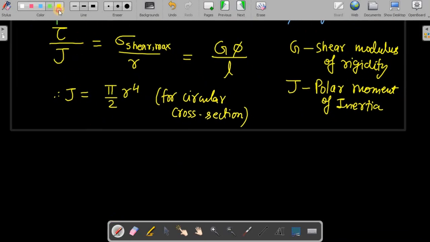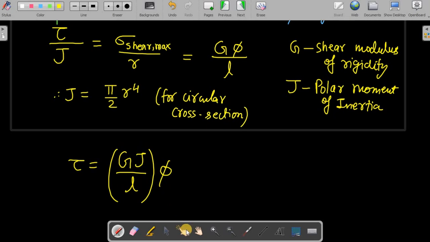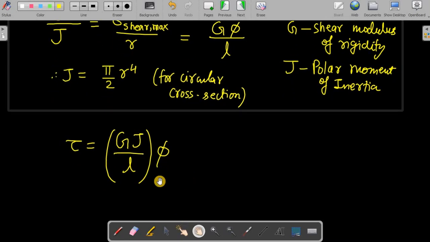For example, from here, torque can be written as G J by L into phi. You can see that the torque which you are applying is proportional to the angle of twist phi, and this is acting like a torsional constant.